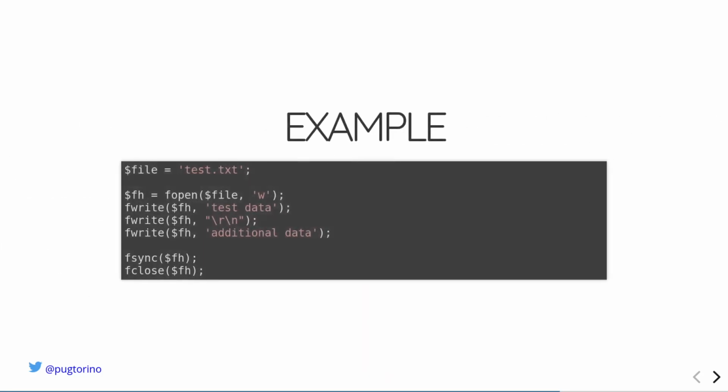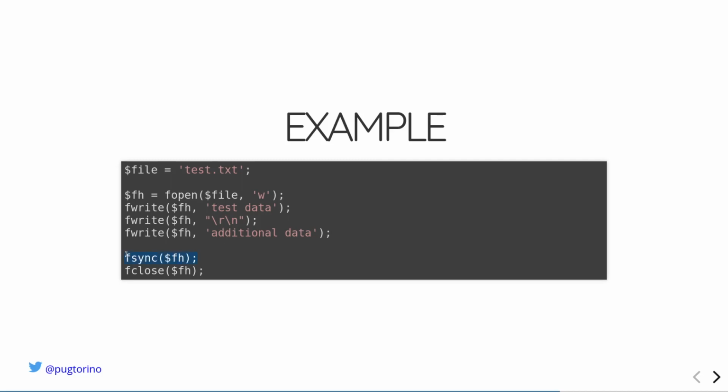Just a simple example: imagine that you want to create a file and write in it. You want to write these 3 lines here, these 3 fwrite calls, and you want to be sure that these lines are stored in the file system.